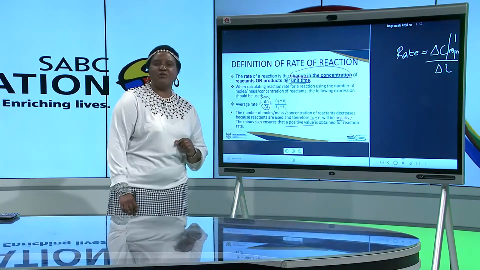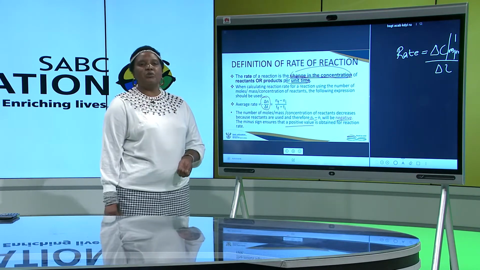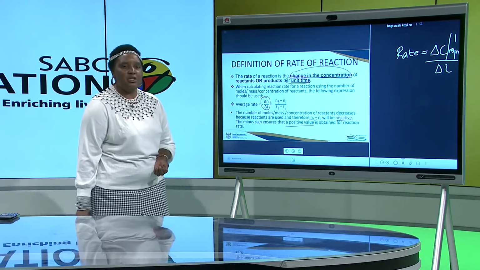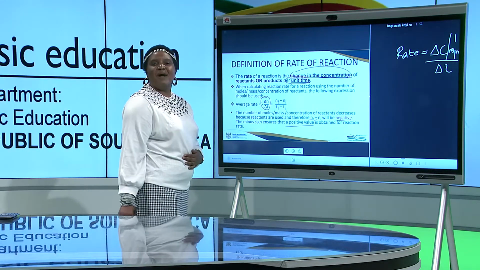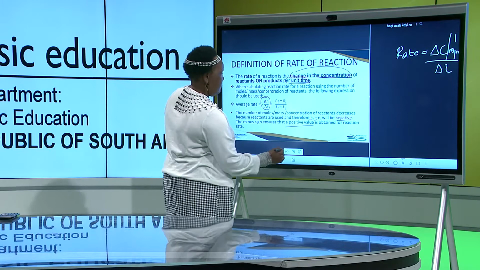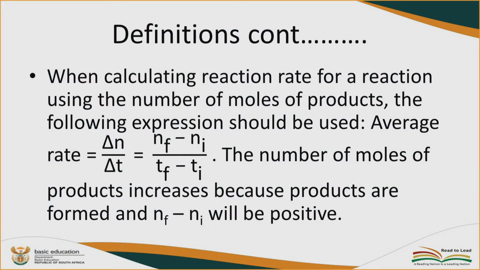What happens if you write a negative value? The examiner can decide to subtract 1 mark, and we don't need to lose marks in the examination. We need as many marks as we can in order for us to pass and pass effectively. I said when we define rate, it is the change in the concentration of the reactants or the product.